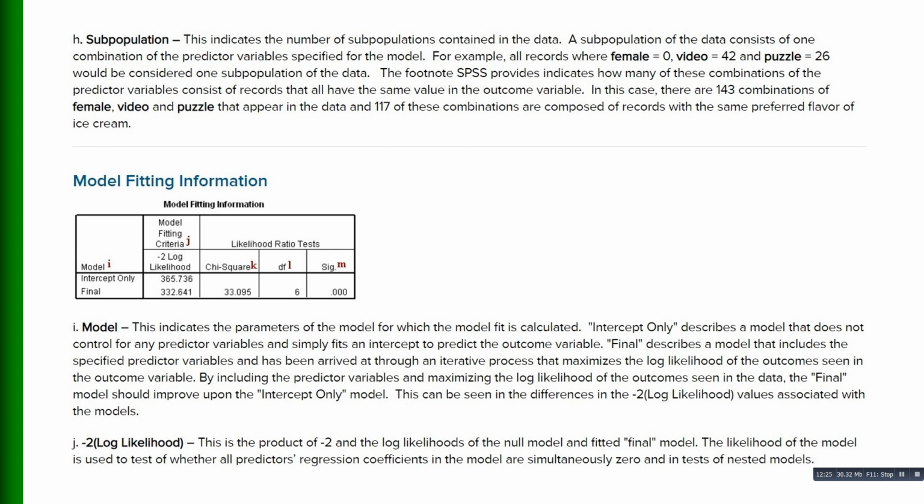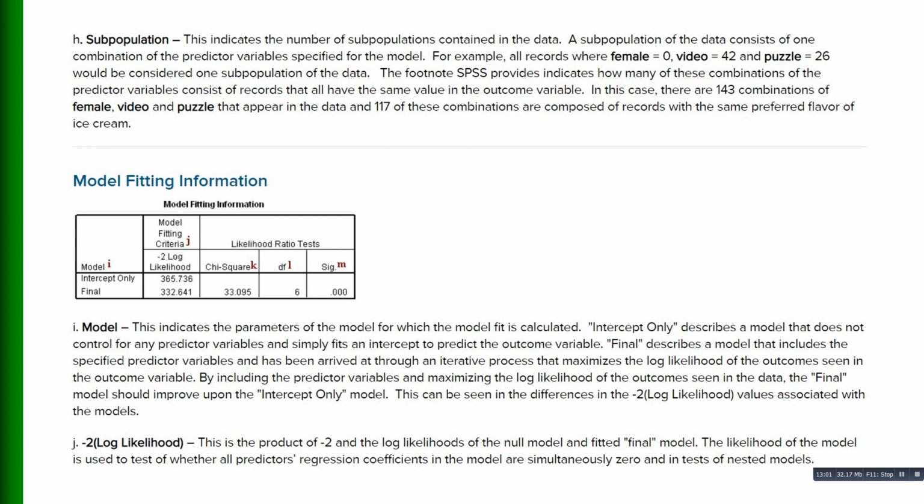Final describes a model that includes the specified predictor variables and has been arrived at through an iterative process that maximizes the log likelihood of the outcomes seen in the outcome variable. By including predictor variables and maximizing the log likelihood of the outcomes seen in the data, the final model should improve upon the intercept only model. And this can be seen in the difference in the -2 log likelihood values associated with the models.